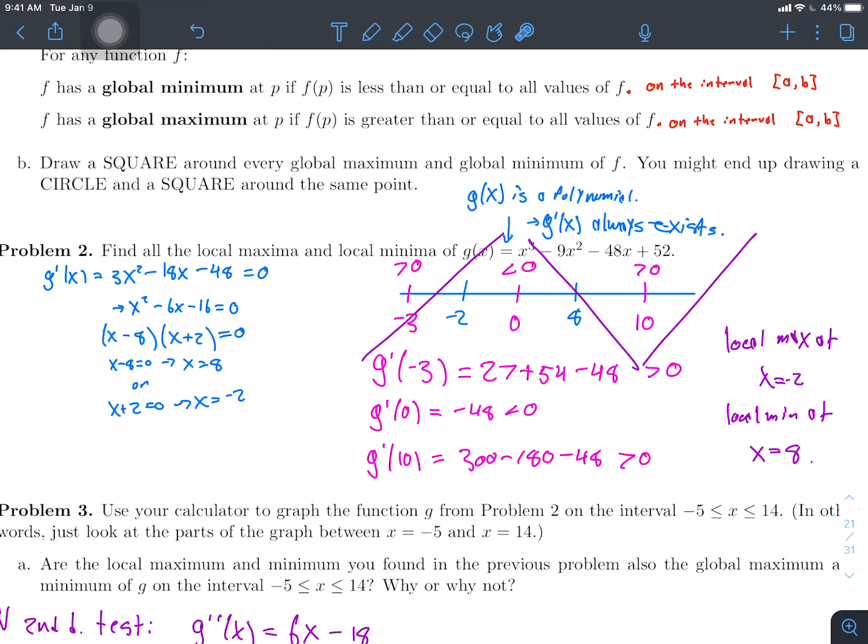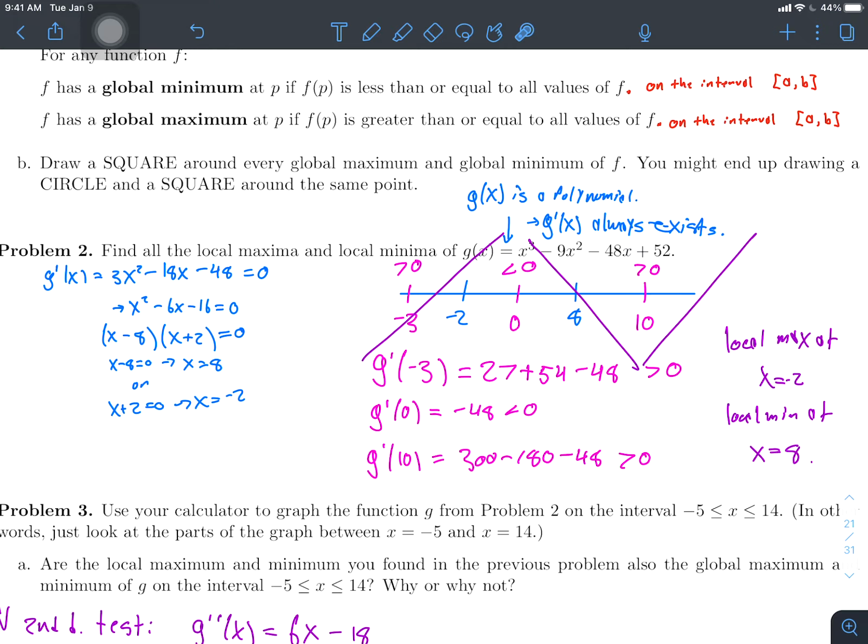So that's why I picked 0. I like picking whole numbers if I can, and numbers which are going to be easy to plug in to the second derivative, or the first derivative, right? So I picked 10 instead of 9 because it's easier to do 3 times 100 than it is to do 3 times 81. That's the only reason.